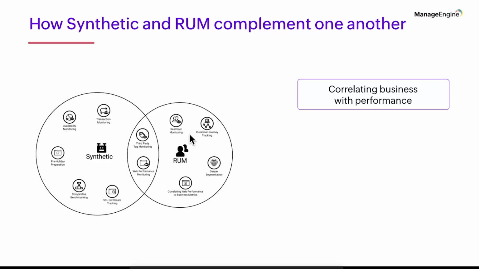However, RUM shows that real users in Singapore are taking 12 seconds to complete the same checkout process because of network latency. So you know that the application is healthy, but using both features, you will understand what users in certain regions are actually facing with respect to your application.